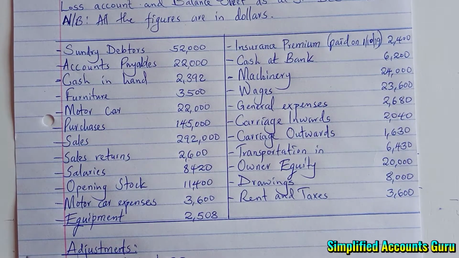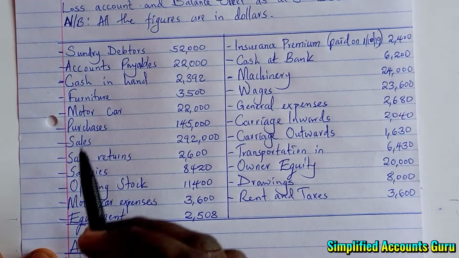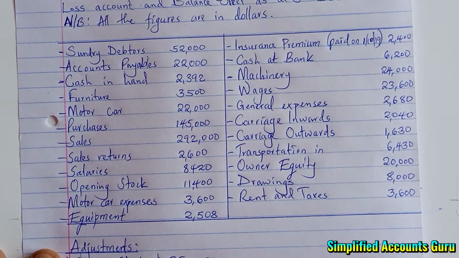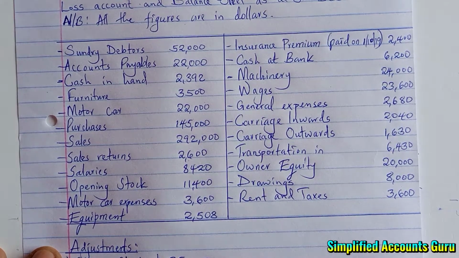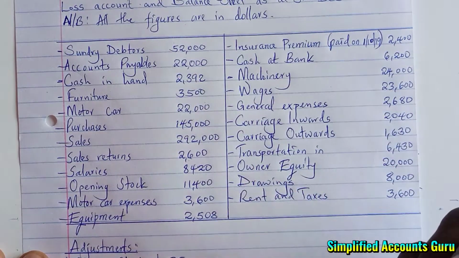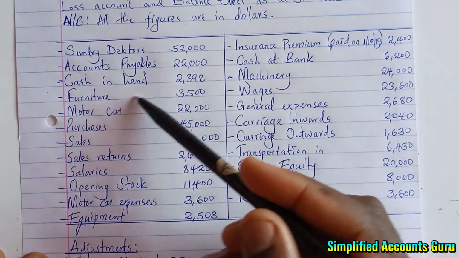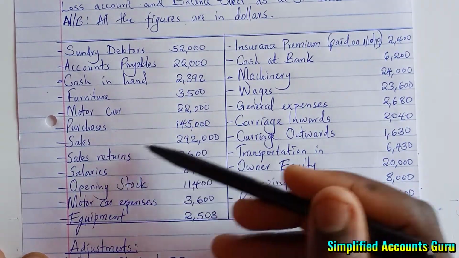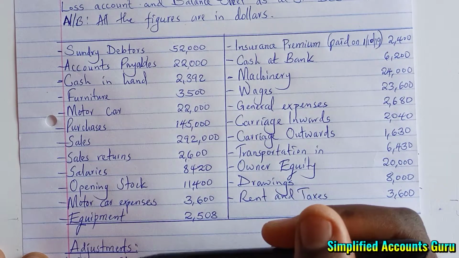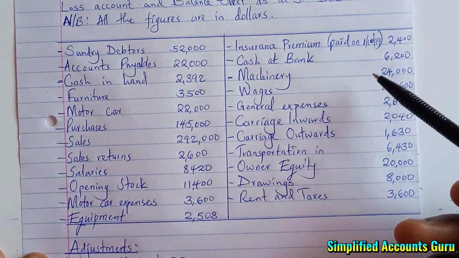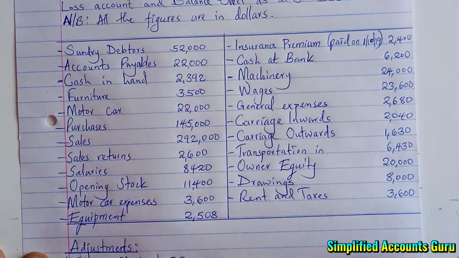Now, these are the items that you are being given from the trial balance of the books of Abdul Hanan and Company. So as you can see, we have got sundry debtors with specified amounts, accounts payable, cash in hand, furniture, motor car, purchases, sales returns, salaries, opening stock, motor car expenses. We have insurance premium paid on 1st October 2019.